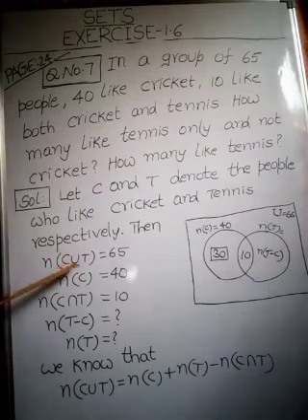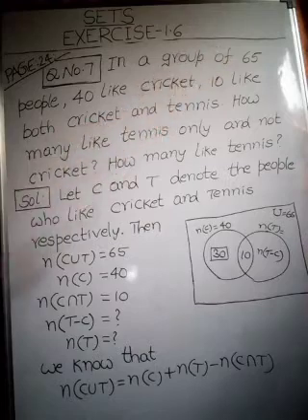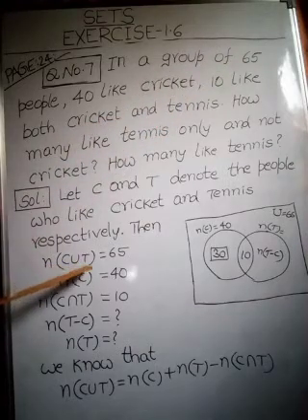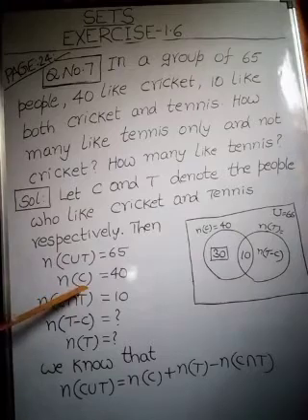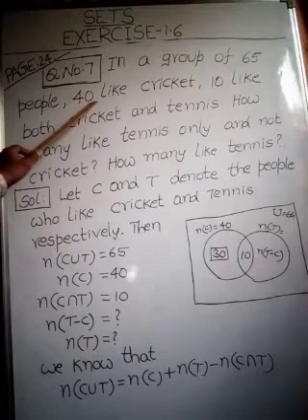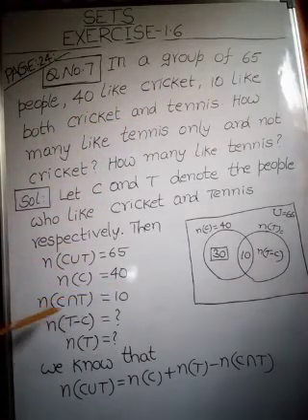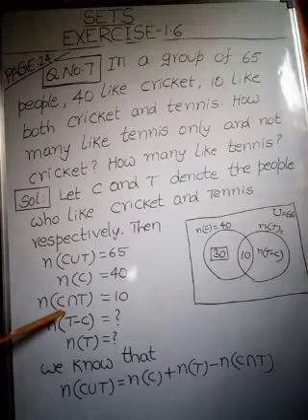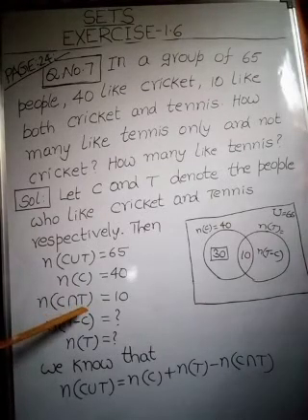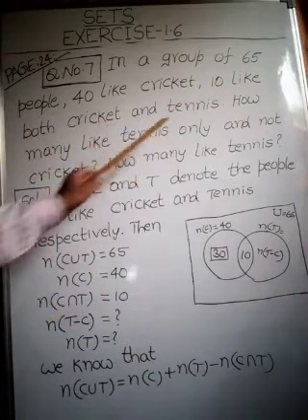N of C union T: how many people are there in that group? 65. So N of C union T is equal to 65. N of C means how many people like cricket? 40 people like cricket. So N of C is equal to 40. And N of C intersection T: how many people like cricket and tennis? 10. 10 people like both cricket and tennis.